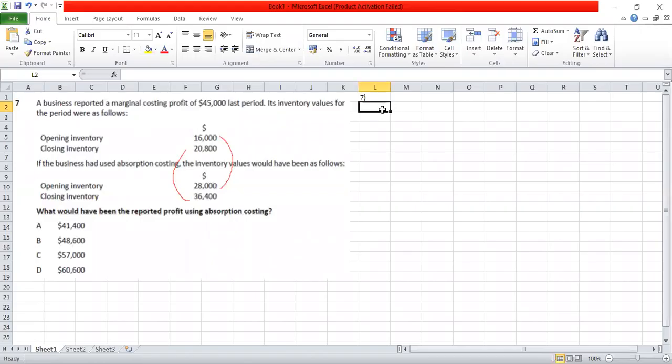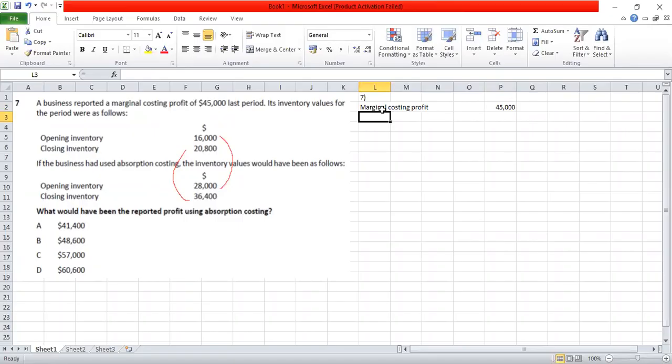To begin with, the marginal costing profit given is 45,000. Now there is a difference in treatment of two items.